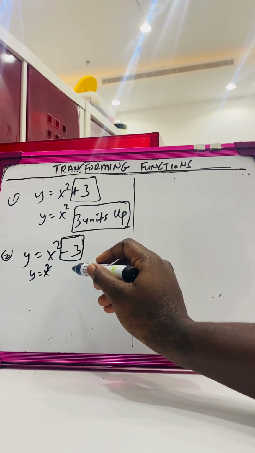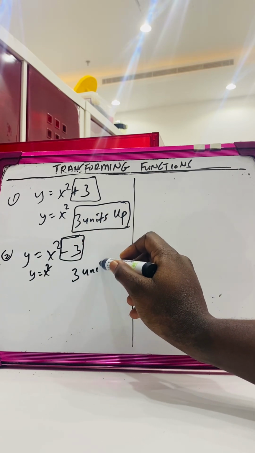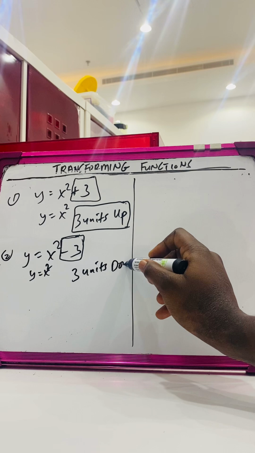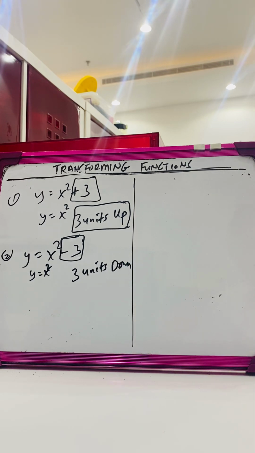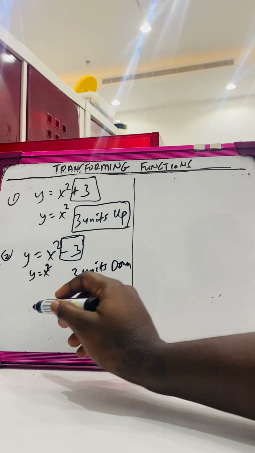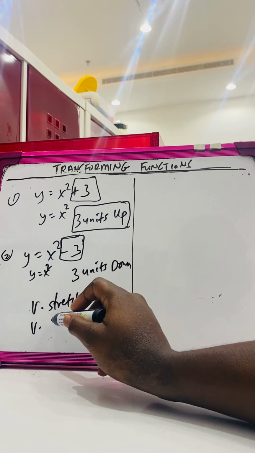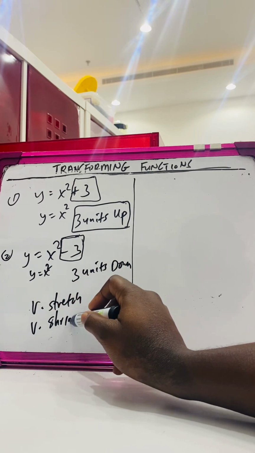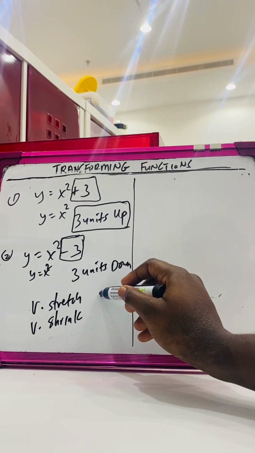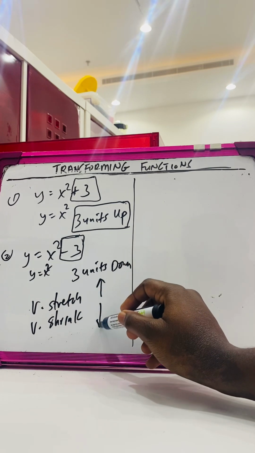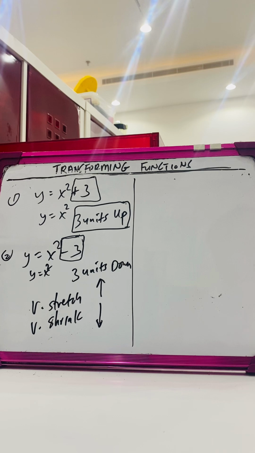Minus 3 means we are going 3 units down. So we have seen the vertical stretch, we have seen the vertical shrink or the compression, and we have just seen unit up and unit down. This is how we can transform the quadratic function around the y-axis.